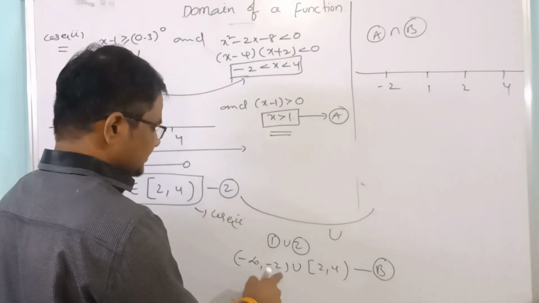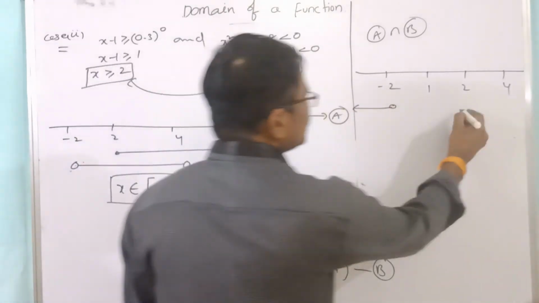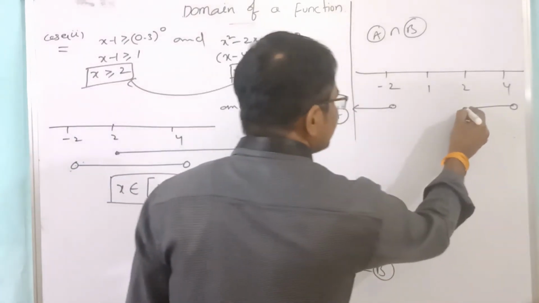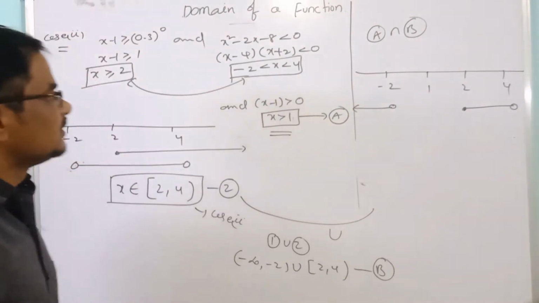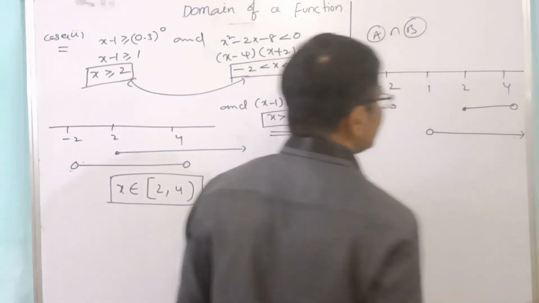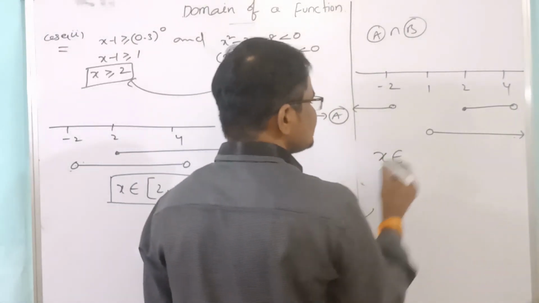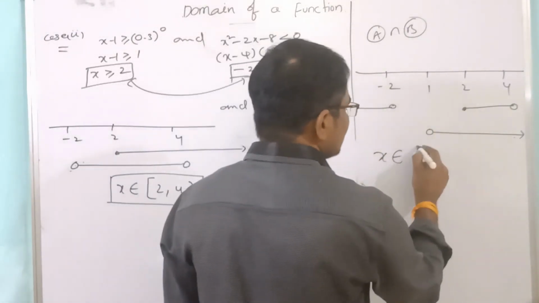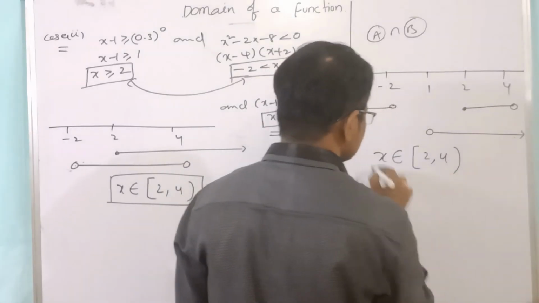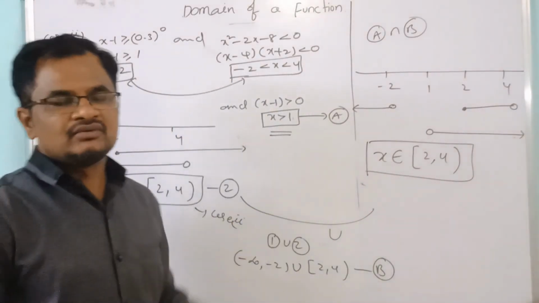So minus infinity to minus 2 on this side, and the closed interval 2 to open interval 4. Next this one, x greater than 1 means the open interval 1 to infinity. So what is the common area? The common values: x belongs to the closed interval 2 to open interval 4. So this is our required domain of the given function, right?